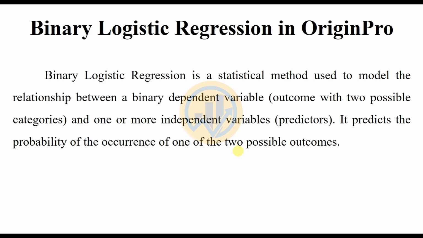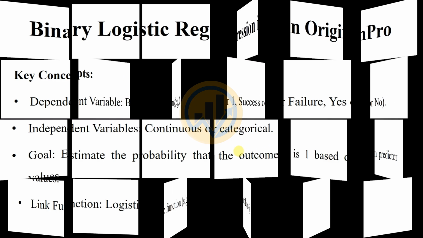Binary logistic regression is a statistical method used to model the relationship between a binary dependent variable outcome with two possible categories and one or more independent variable predictors. It predicts the probability of the occurrence of one of the two possible outcomes.